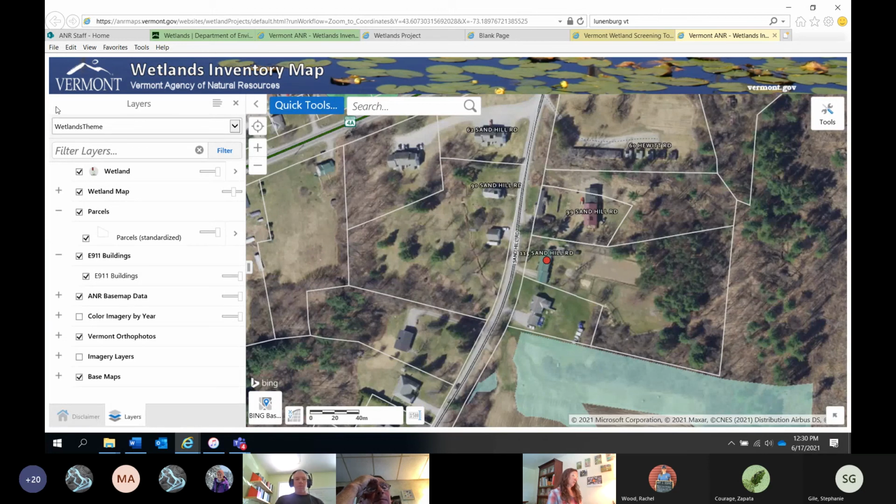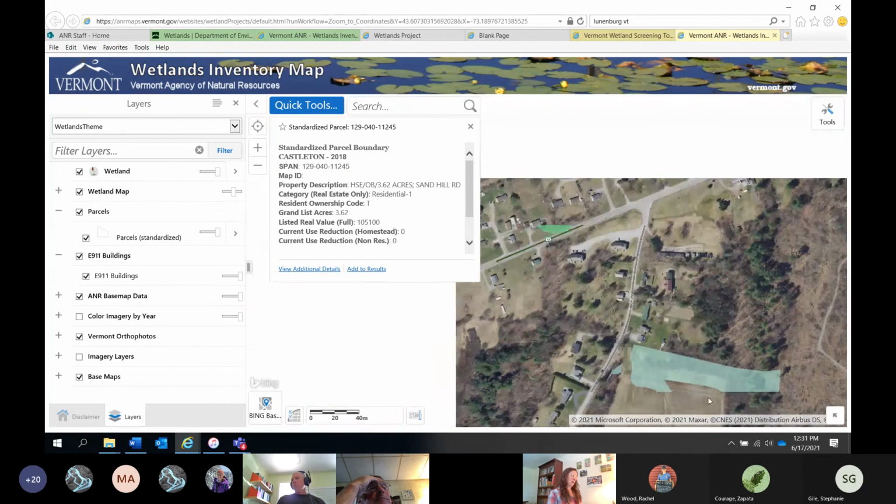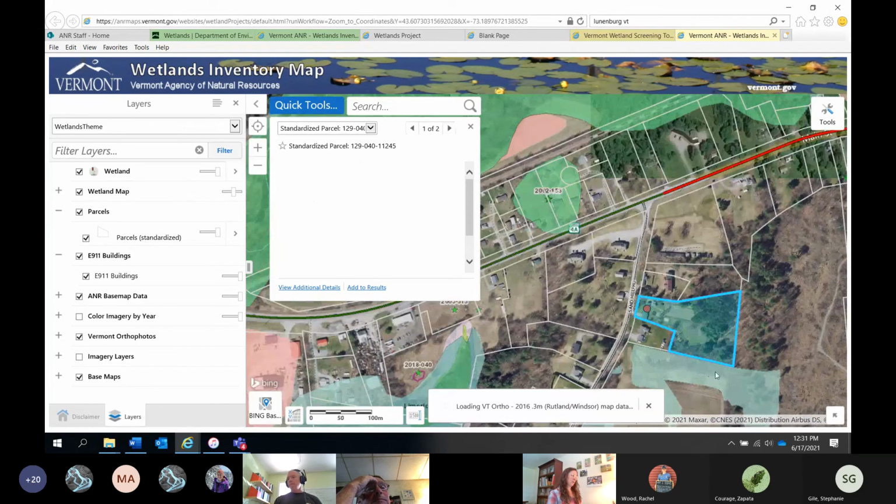So we've got 115 Sand Hill Road. This is the parcel boundary here. It looks like there is a mapped wetland right adjacent to it.